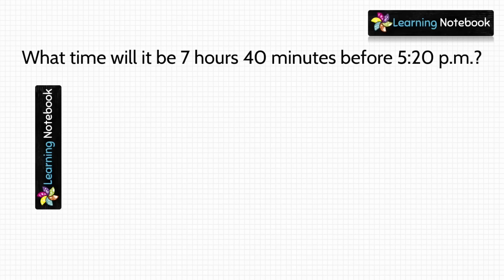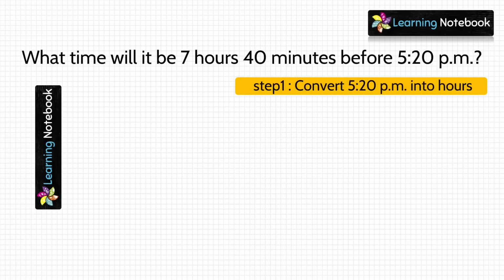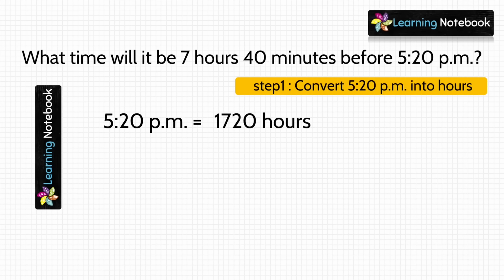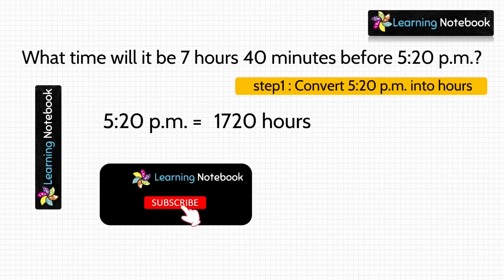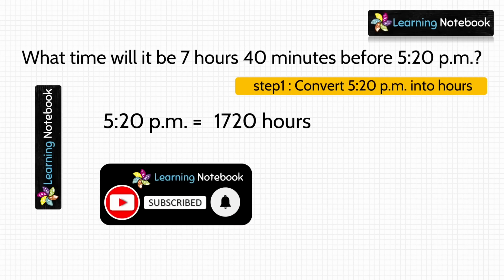Let's do one more question. What time will it be 7 hours 40 minutes before 5:20 p.m.? So students, let's first convert 5:20 p.m. into hours, which will be 17 hours 20 minutes.